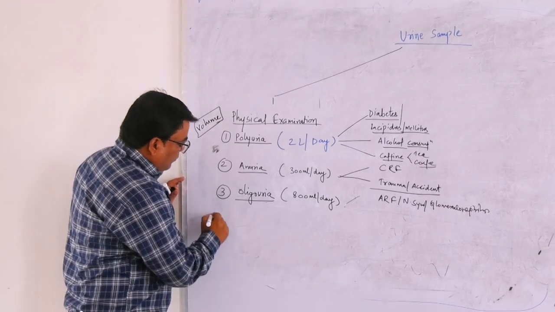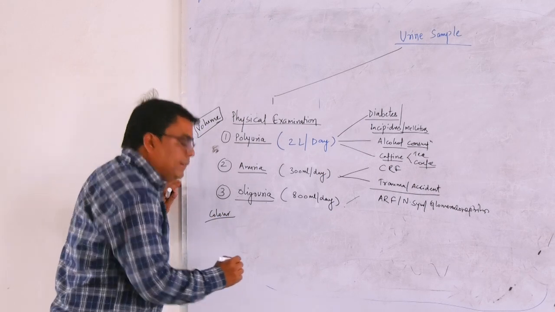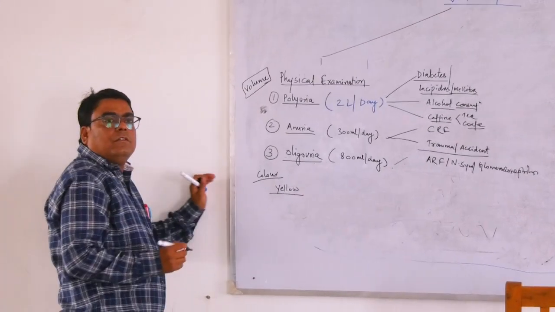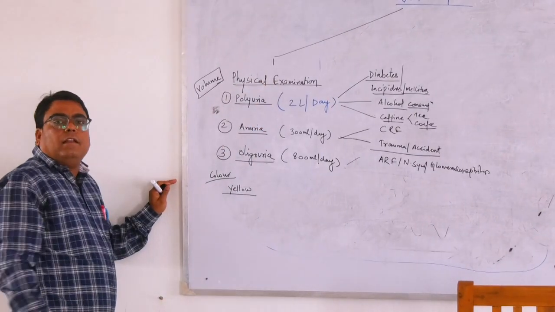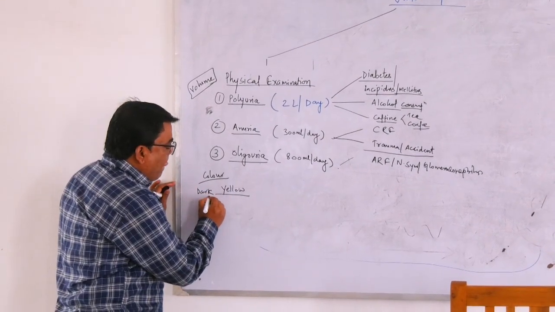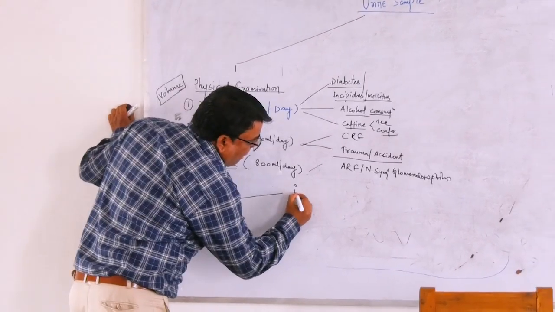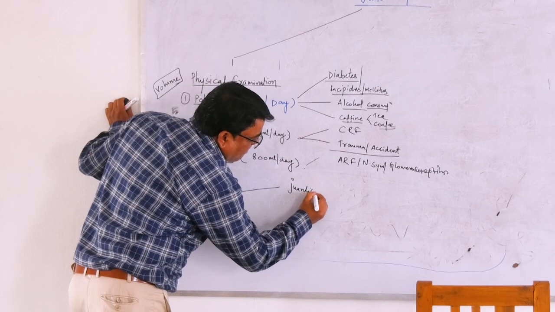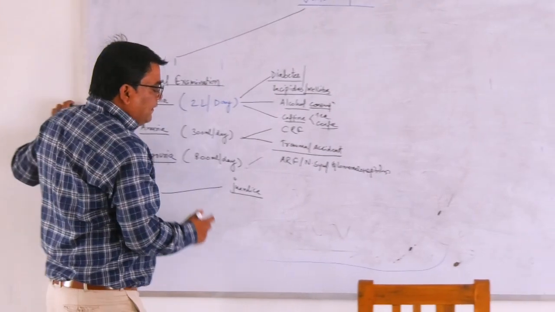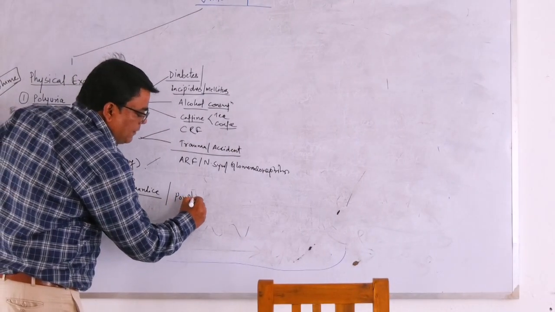Okay. Now color. Yellow. We talk about abnormal physical examination. Dark yellow. What is the reason of dark yellow? Jaundice. Or other reason?